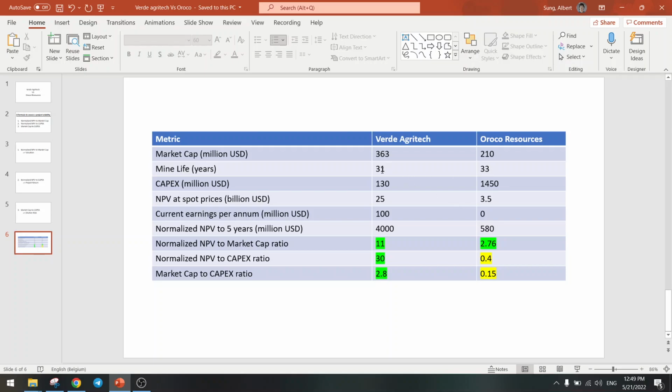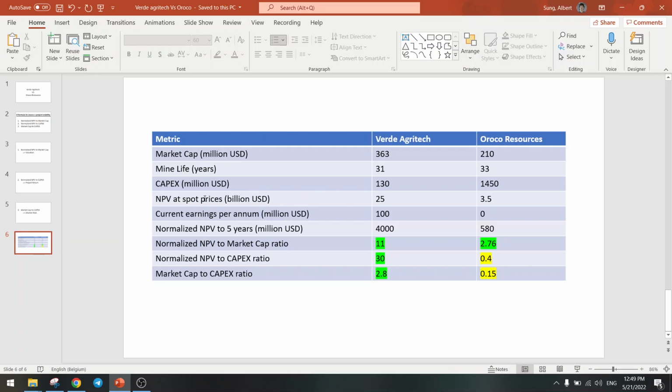Mine life is about the same, 30 years. CAPEX, here we have a huge difference. Verde is much lower in CAPEX, and Oroco is above 1 billion in CAPEX. So this is a red flag for me already. Then we look at the NPV.